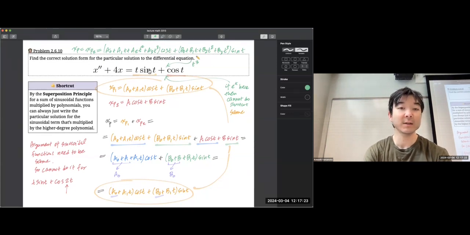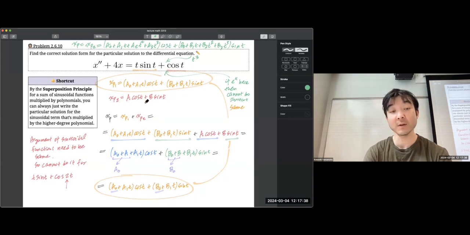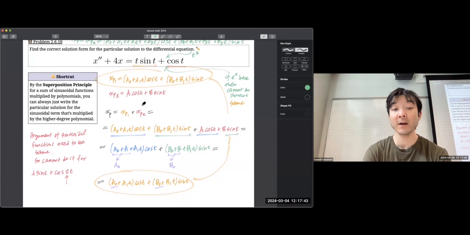You don't have to do this, but if you wanted to save yourself time, this is a pattern we can use when you have two sinusoidal forcing functions with one having a polynomial of higher degree than the other. But you could always still not use it and just have two separate particular solutions and add them together.